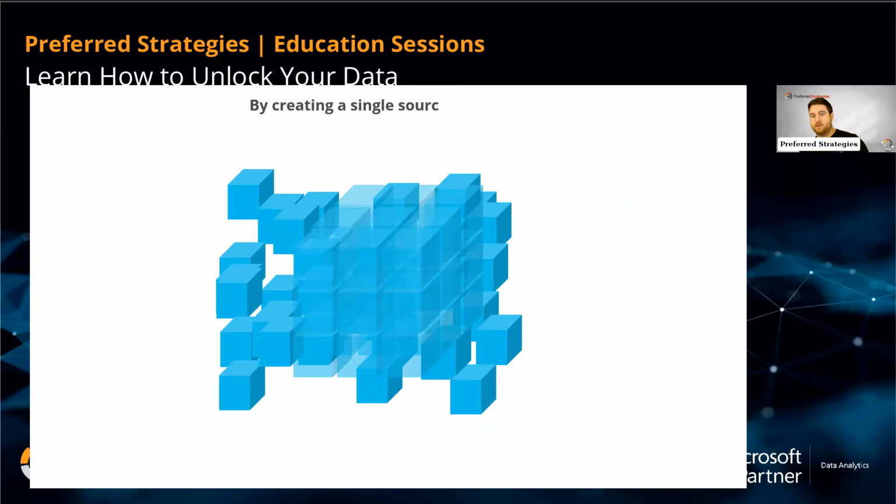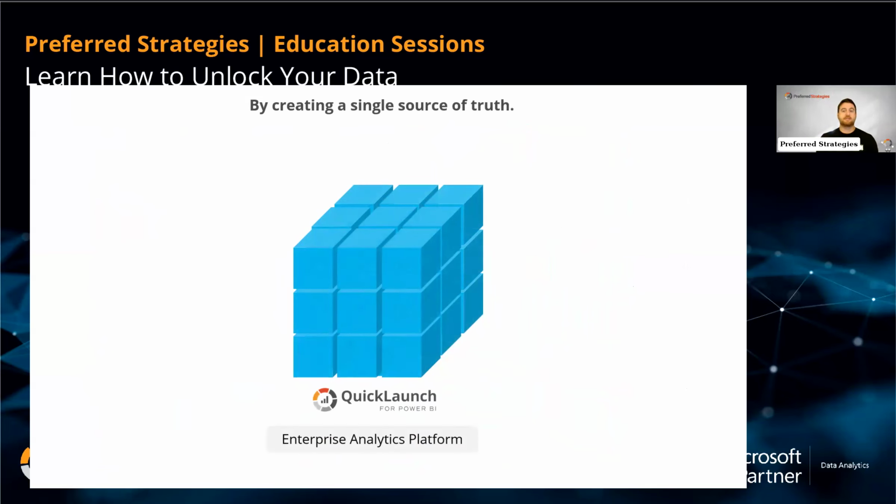Well, you can do that by creating a single source of truth with an enterprise analytics platform where you're bringing all these different business domain areas into one centralized location for analysis.